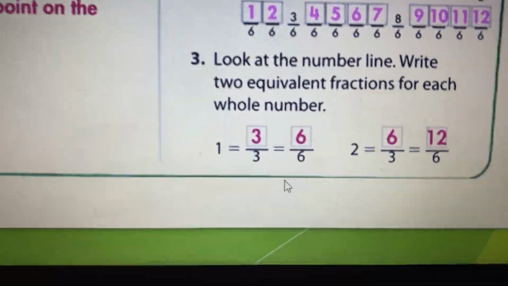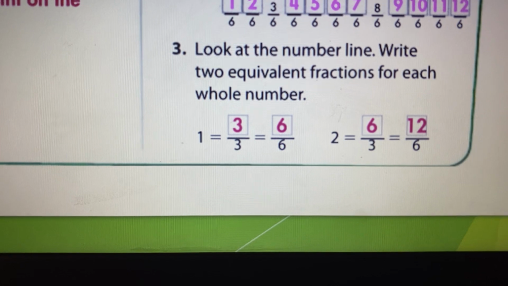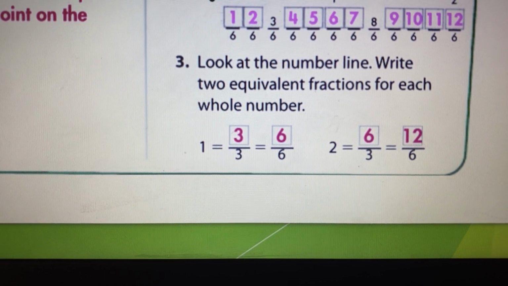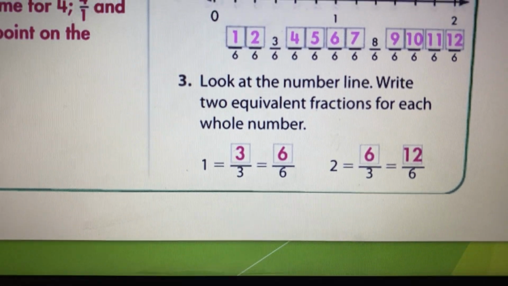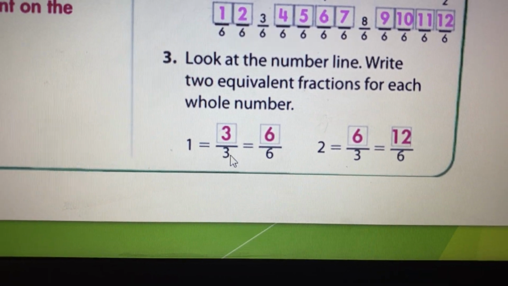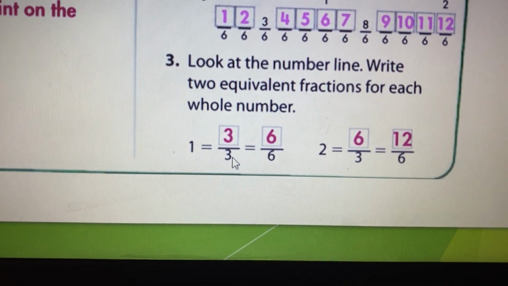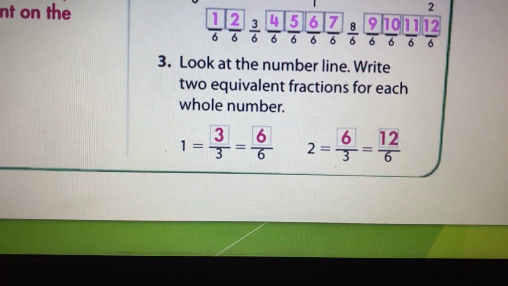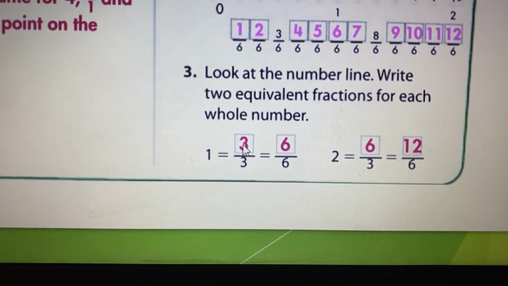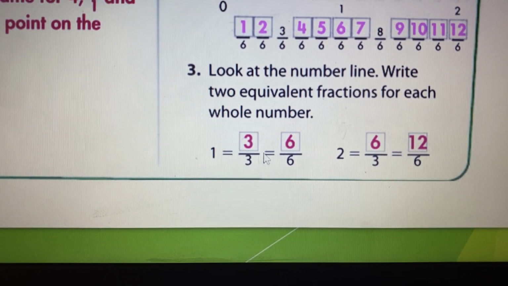Okay, let's go to question number 3. It's getting easier, right? Look at the number line. Write 2 equivalent fractions for each whole number. We said, if I have one whole, always same numerator, same denominator. So, since I have a 3 in the denominator, I'm going to write 3 in the numerator. 3 divided by 3 equals 1.